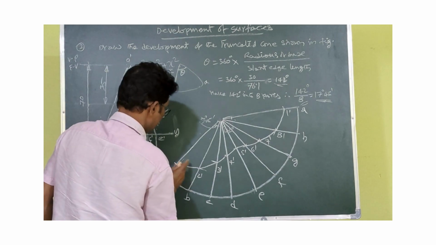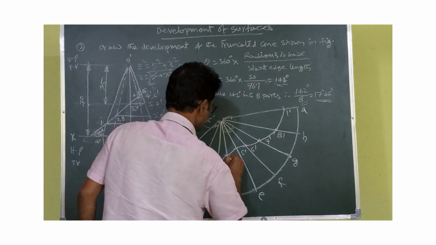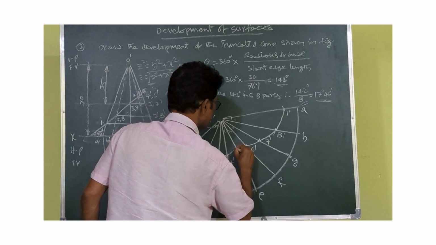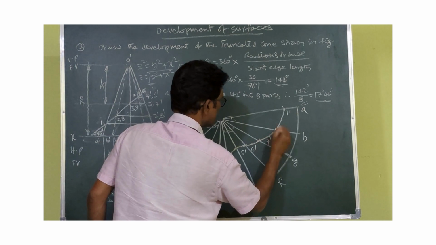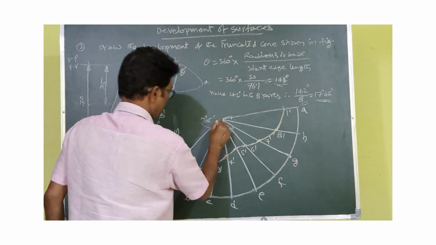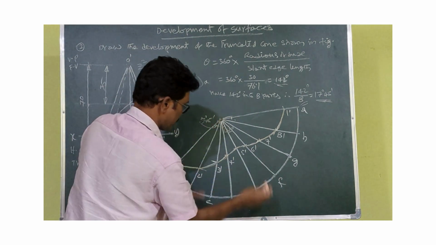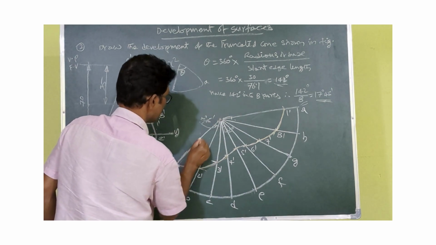You see here, 1 dash to 2 dash, 2 dash to 3 dash, 3 dash to 4 dash, 4 dash to 5 dash, 5 dash to 6 dash, 6 dash to 7 dash, 7 dash to 8 dash, 8 dash to 1 dash. Of course, depending on our requirement, if you want to remove this portion, you can remove. If you want this portion, you can highlight this one.